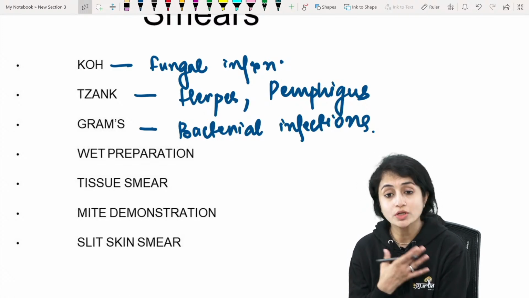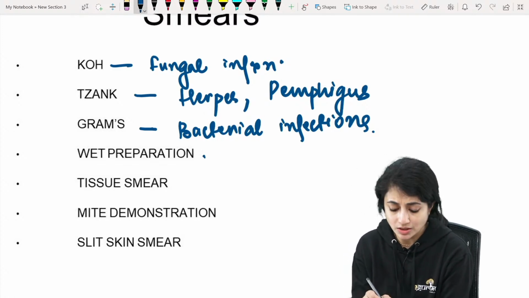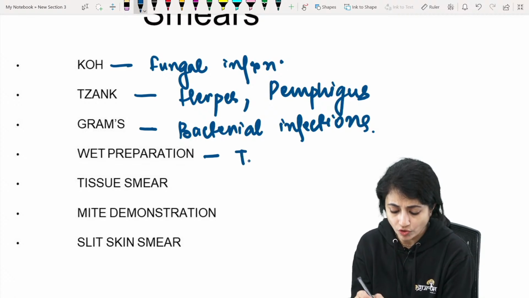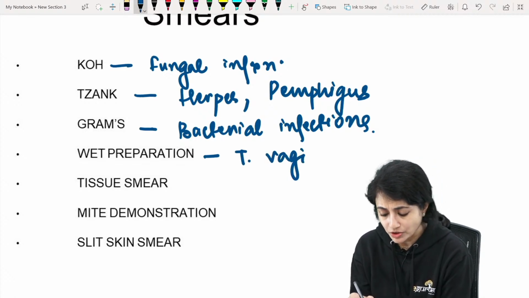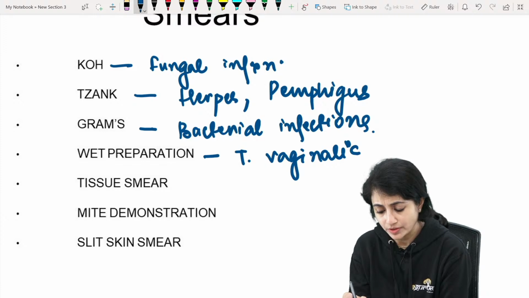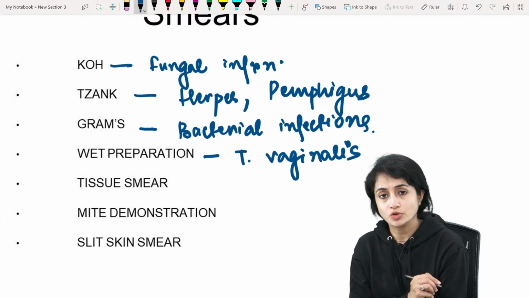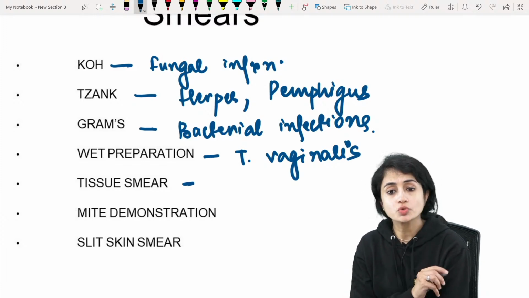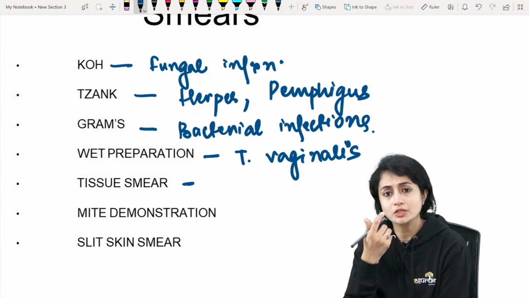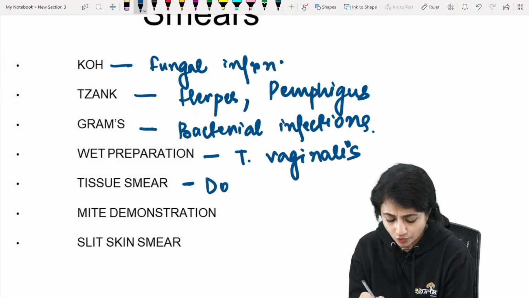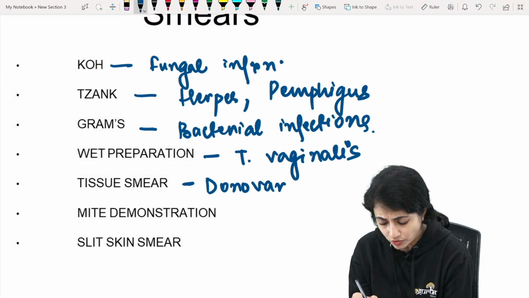Then I can do some wet stains. Wet preparation is used for Trichomonas vaginalis. Tissue smears, where I take tissue and make a smear out of it, I use for donovanosis.